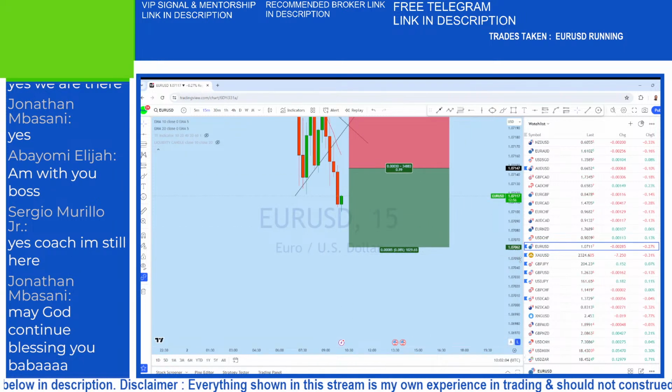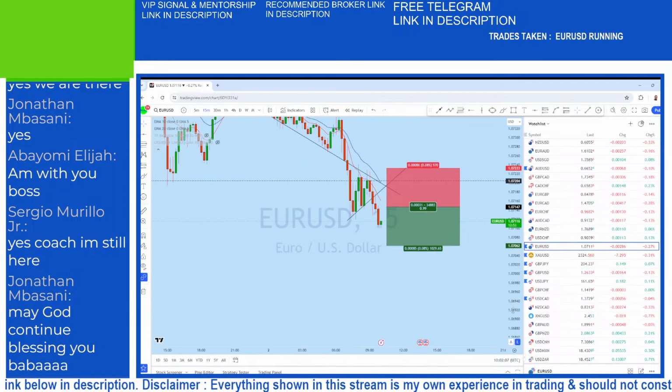Wanting to see that EUR/USD continuing its downtrend here.